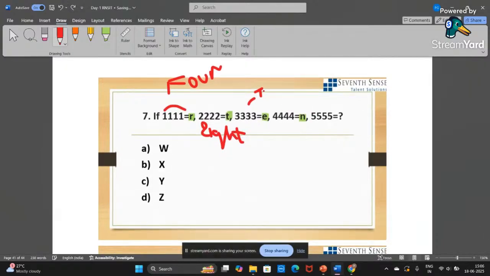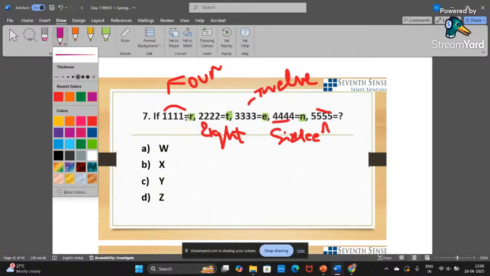Then 4 plus 4 plus 4 plus 4, it is 16. So see now, we got the answer.